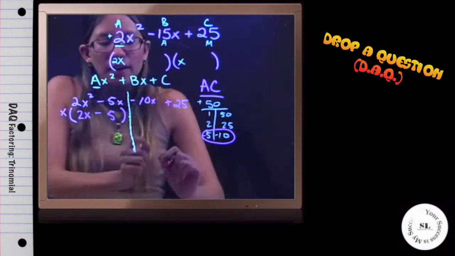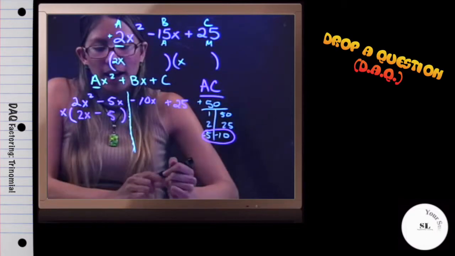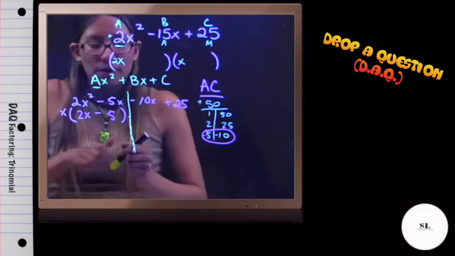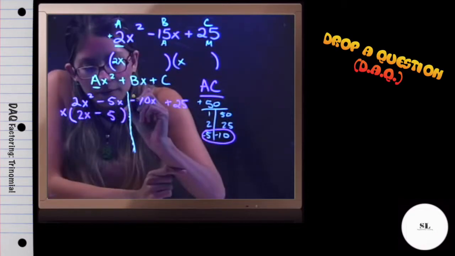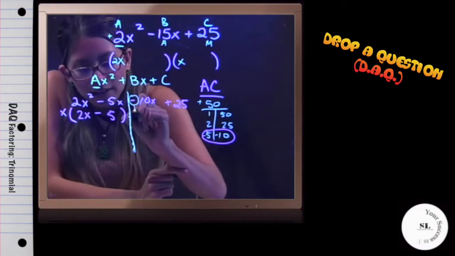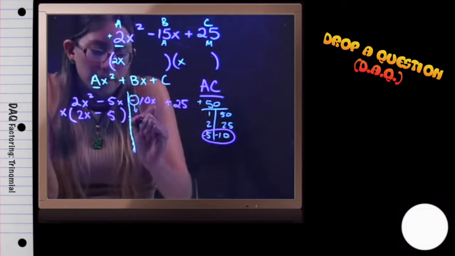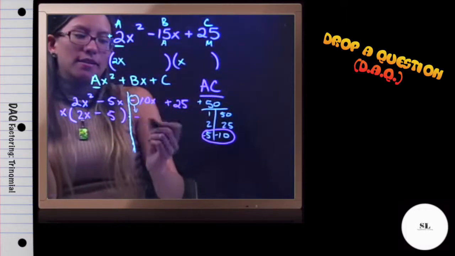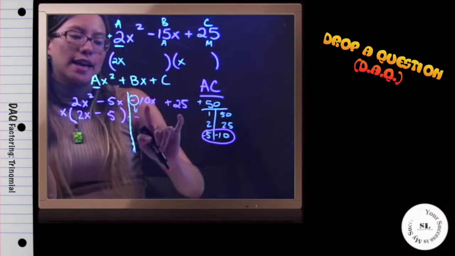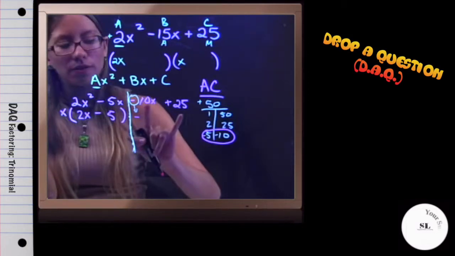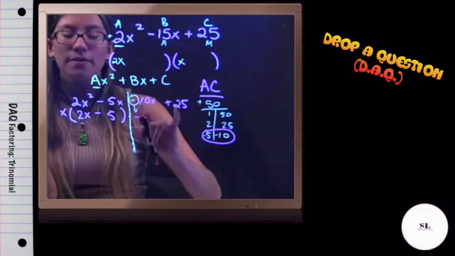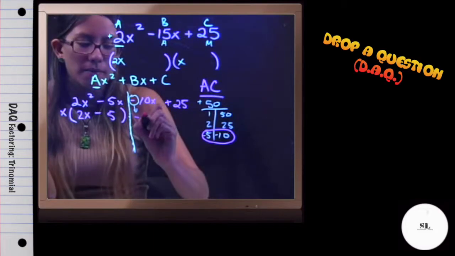Now over here, negative 10x plus 25, something you should always know is whenever you have a negative in the front, always factor it out. You can almost bring it down, and that will always be what we factor out first, the negative. And then we're looking at 10x and 25. Let's look at the coefficients, 10 and 25. 10 and 25 have 5 in common.